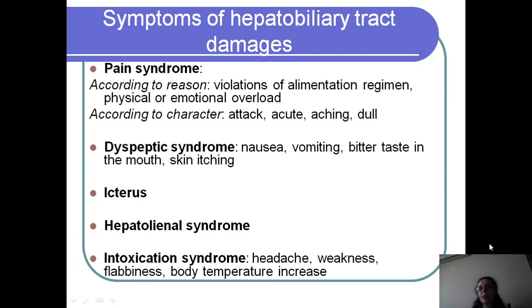And skin itching is due to accumulation of bile acids in the skin, irritation of receptors, and due to this irritation the child feels a necessity to scratch.